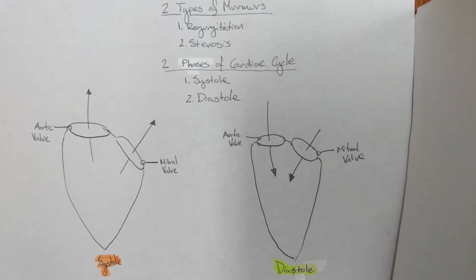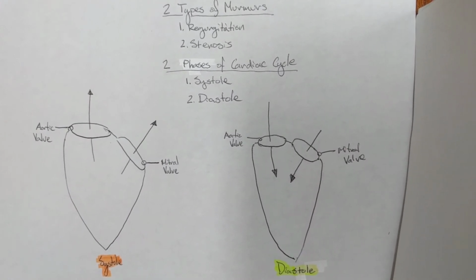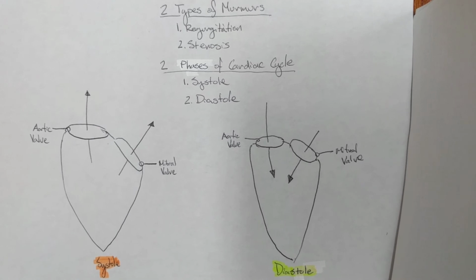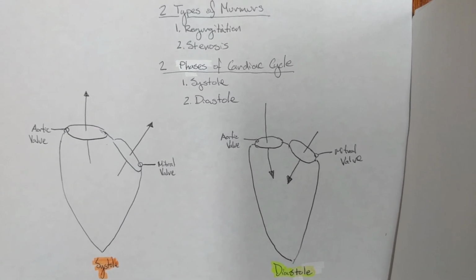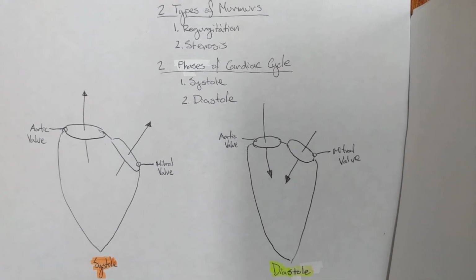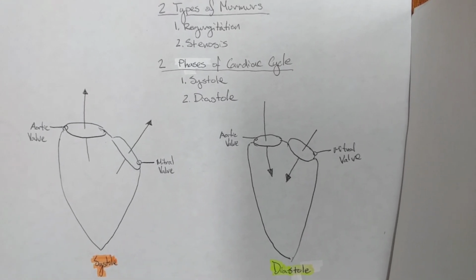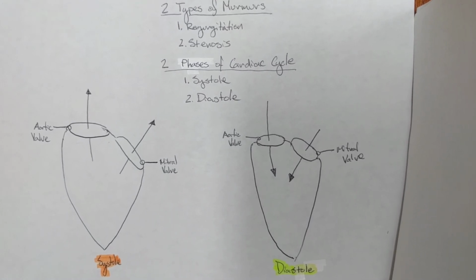So in summary, going over our murmurs, there's going to be two types of murmurs: regurgitation and stenotic murmurs. And these two murmurs are going to occur in either the systolic or diastolic phase of the cardiac cycle.